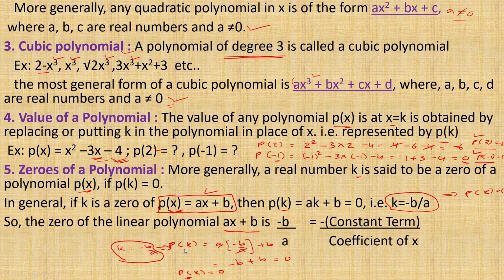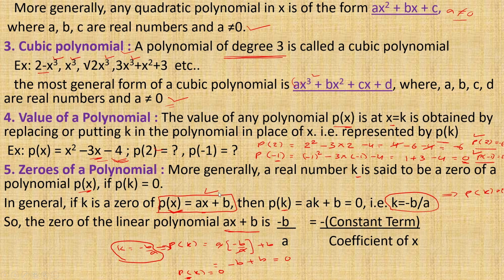Understood now? Here I have substituted k, which is equal to -b/a, then a into -b/a plus b. This expression became 0. Then x = -b/a is called the zero of the polynomial p(x) = ax + b. -b/a means minus the constant term by the coefficient of x.